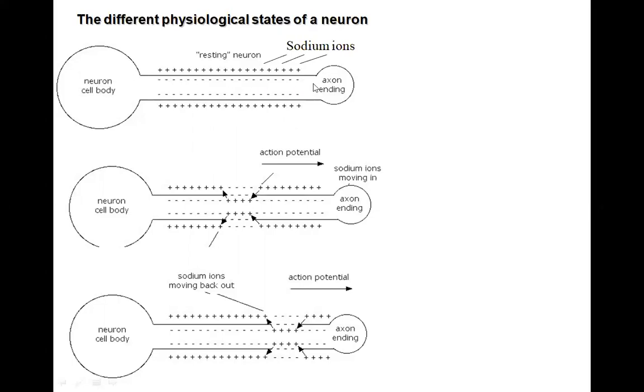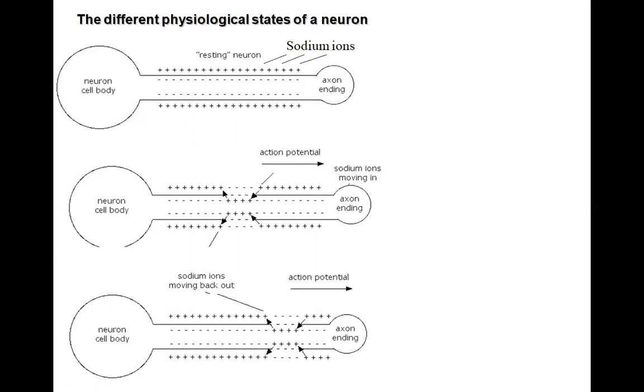This is the axon, and outside the axon, outside the membrane, you have more positive ions. These are positively charged ions. Most of them are sodium ions. Inside the axon, inside the membrane, you have negatively charged ions.